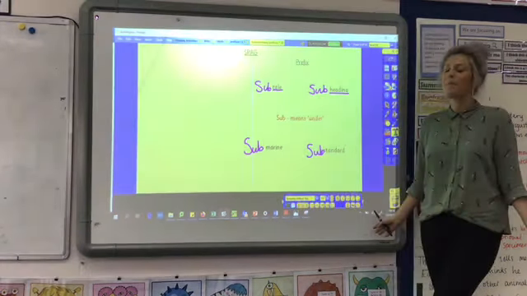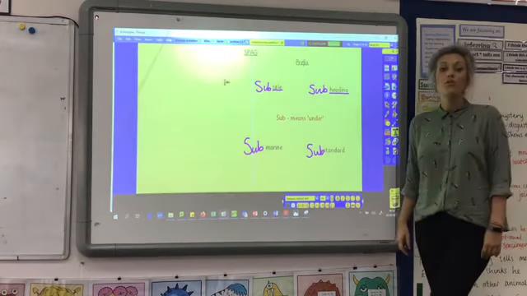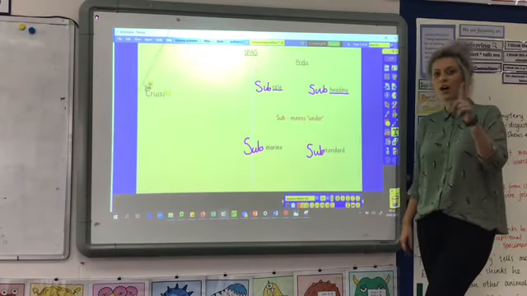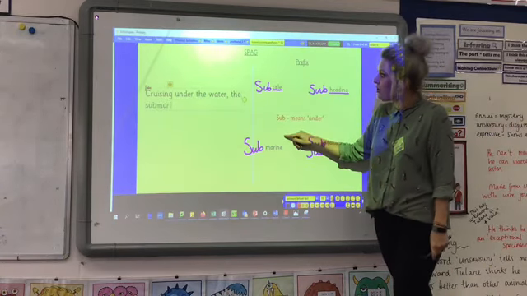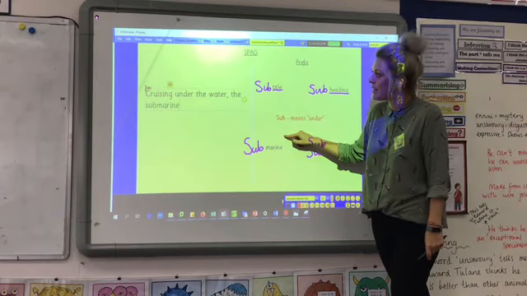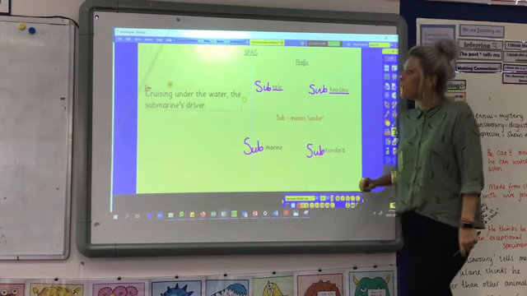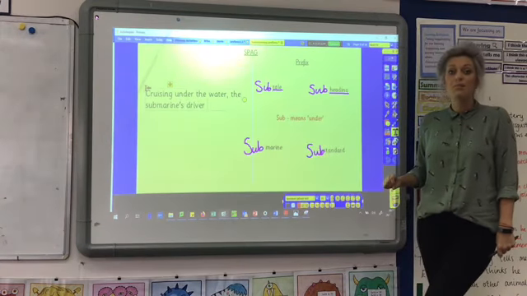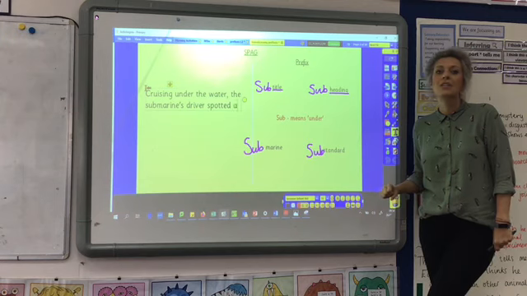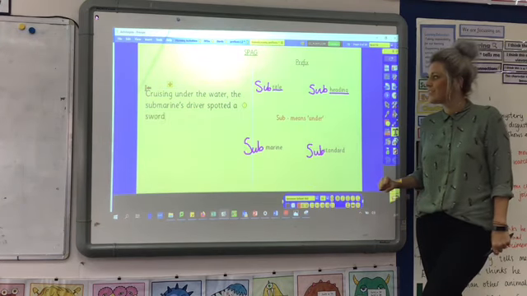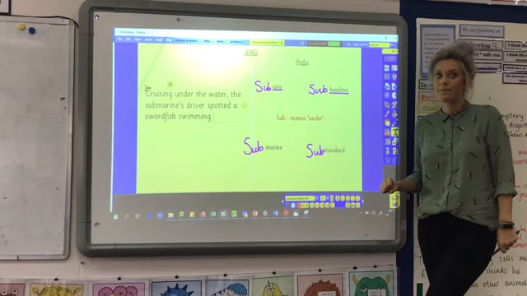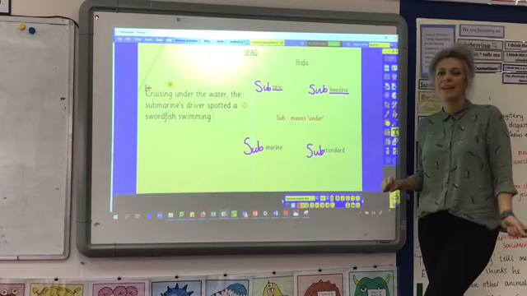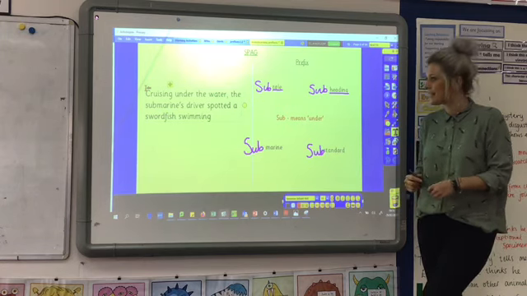So my sentence is: cruising under the water, the submarine's driver spotted a swordfish swimming, and then it would be good to have an adverb that started with S on the end.